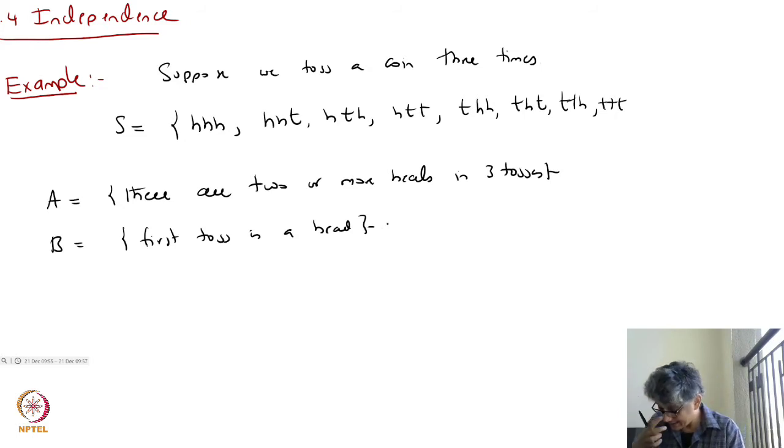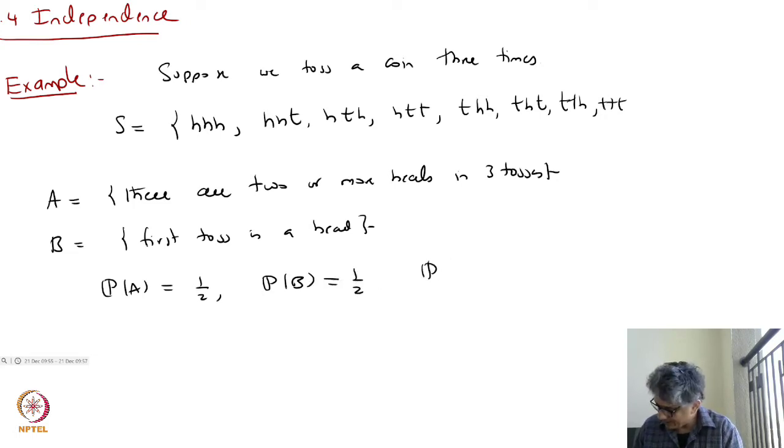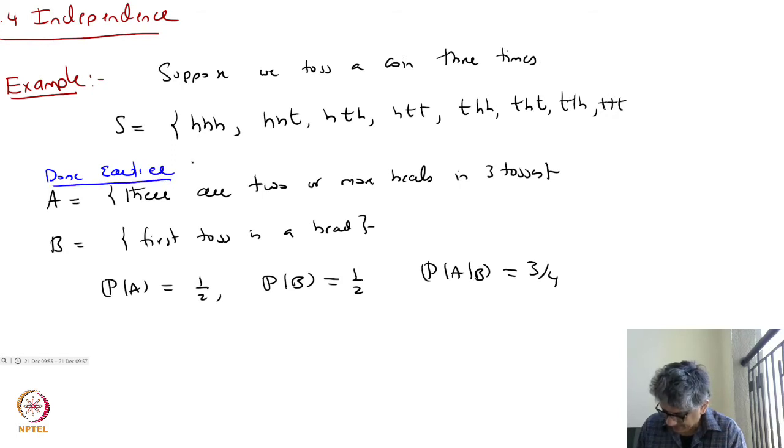We had checked that the probability of A was a half, probability of B also was a half, but the probability of A given B was 3/4. So here are 2 events, A and B, where the occurrence of B affected the occurrence of A. And this was our foundational idea of understanding conditional probability.